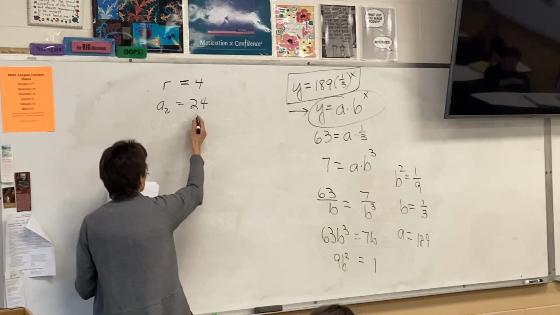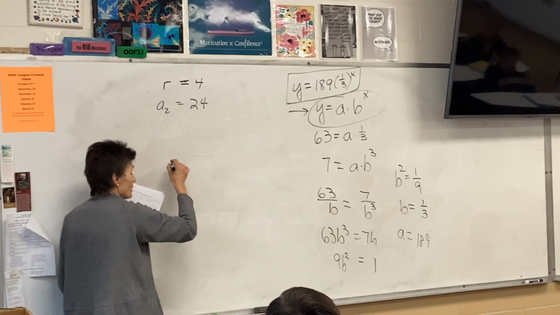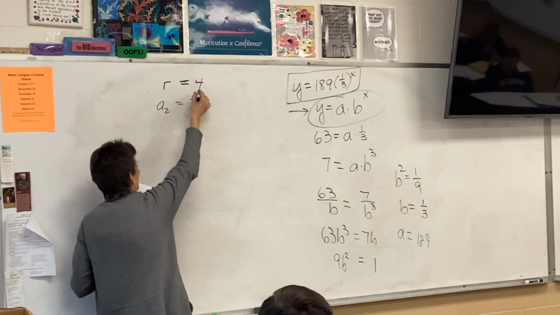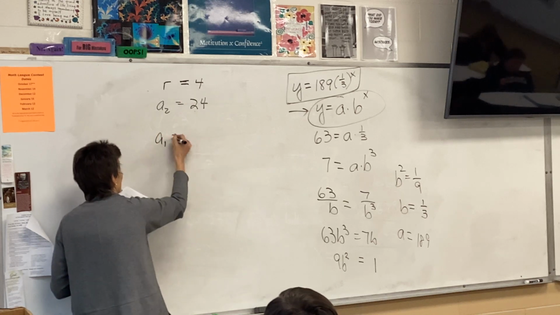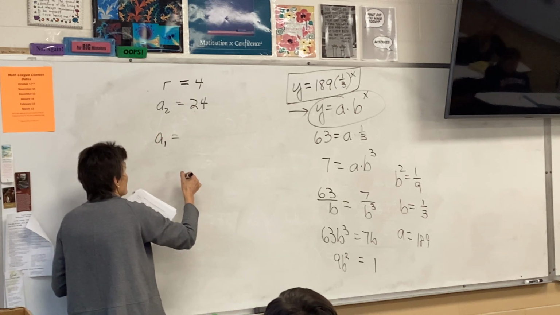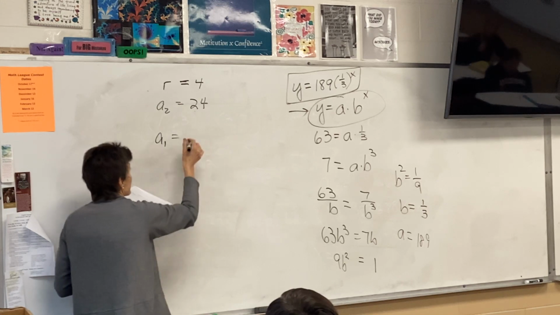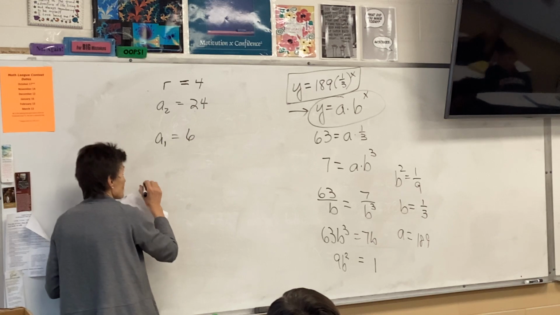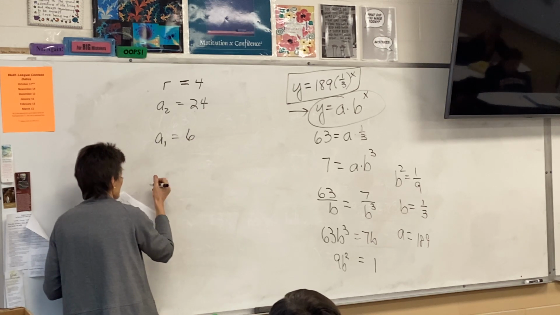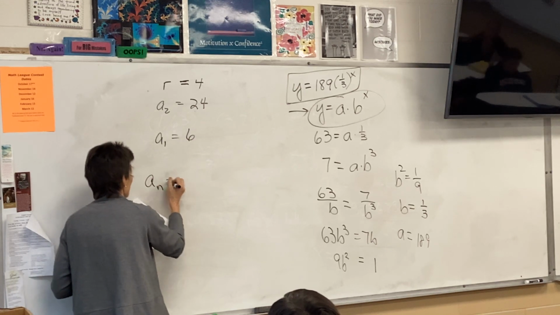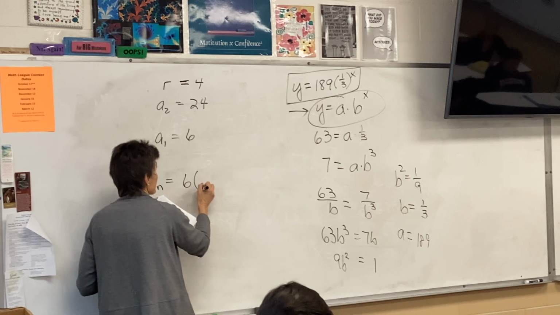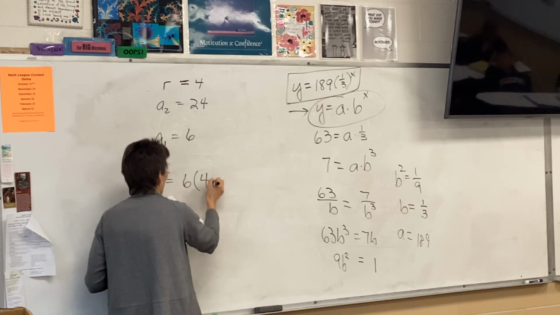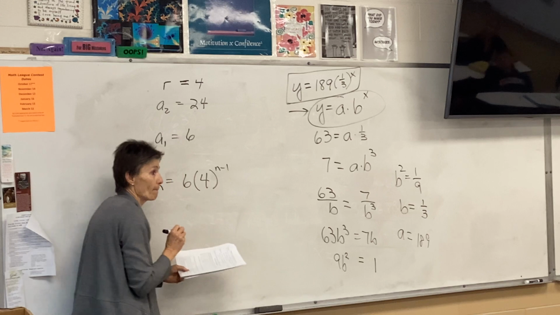Well, if the second term is 24 and the ratio is 4, what's the first term? 6. 6? So your geometric sequence would be a sub n equals 6 times 4 to the n minus 1?